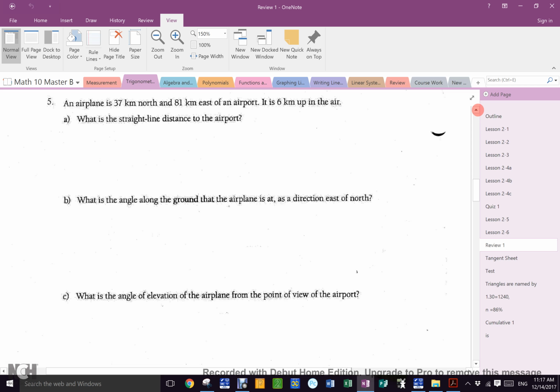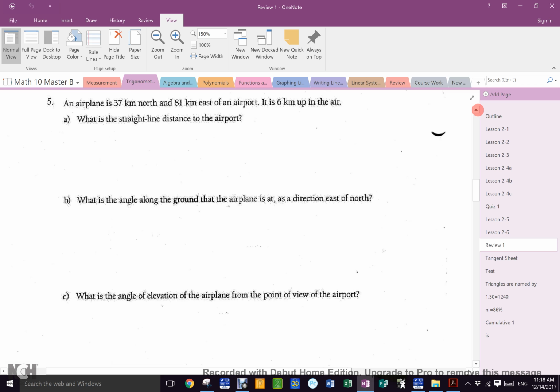The airplane's up in the air. So, how far is it from the airplane to the airport? The airport is right here, and Z. Listen to Yoon Kang using 3 axes, the Z axis.